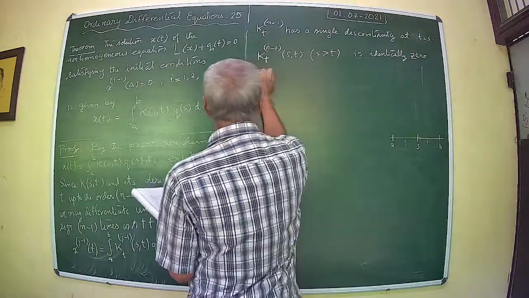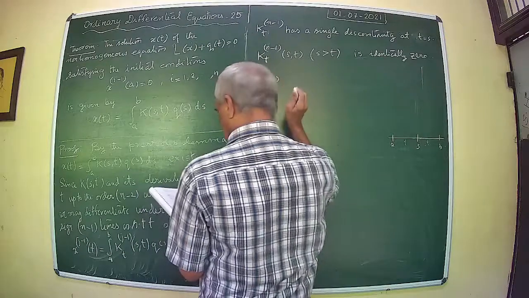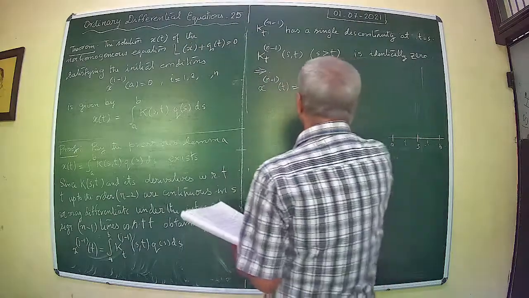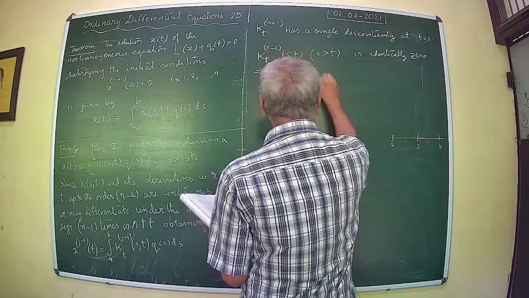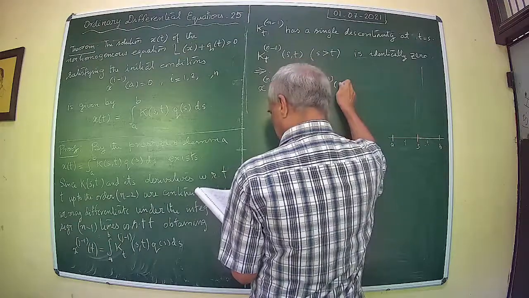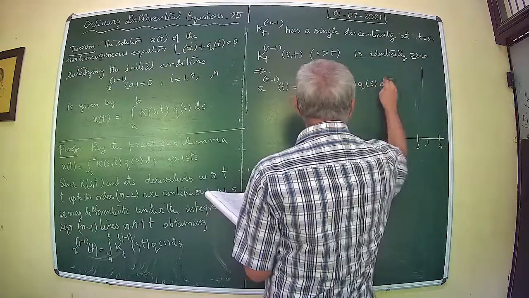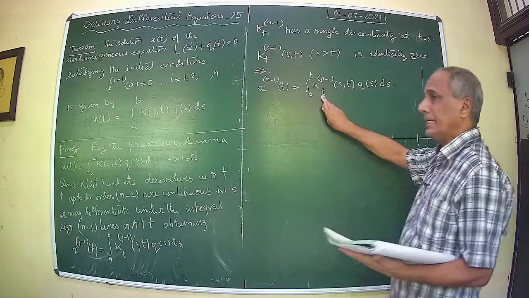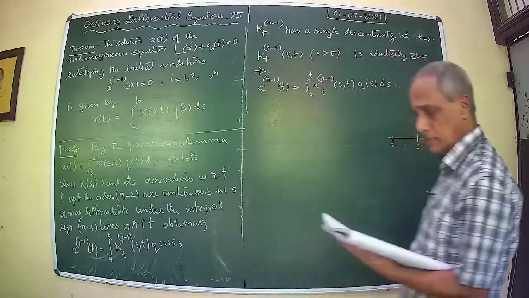Therefore, the integral that you get, the n minus first derivative, would become the integral from a to t of the derivative with respect to t of k, ds. So this subscript t indicates you are differentiating with respect to t.